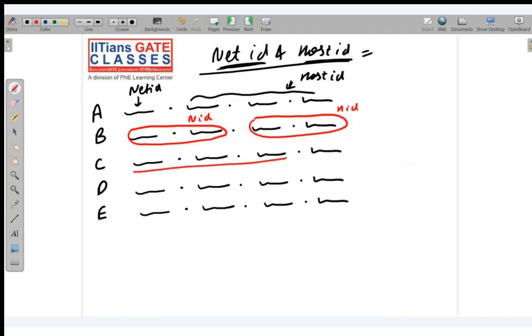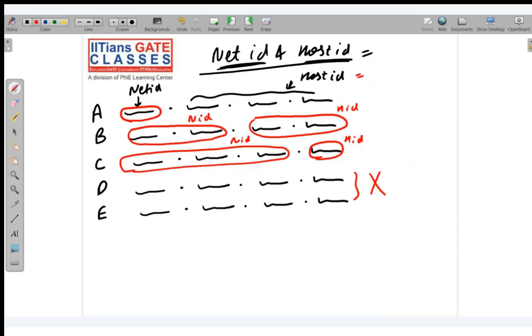In class C, the first 3 octets are for net ID, and the last octet is for host ID. And in class D and E, there is no such bifurcation. So are you getting it? For net ID and host ID in class A, only the first octet is for net ID, and the last 3 octets are for host ID. Let me tell you why we are doing so.